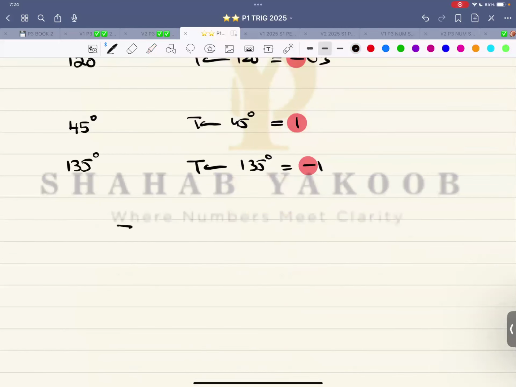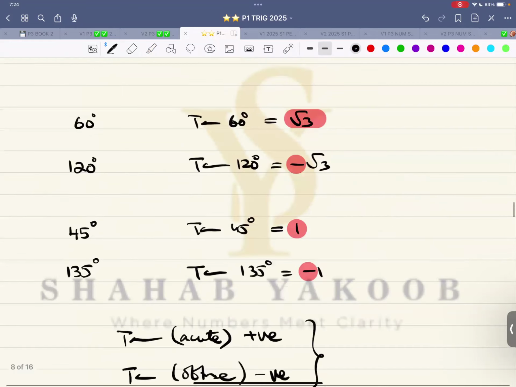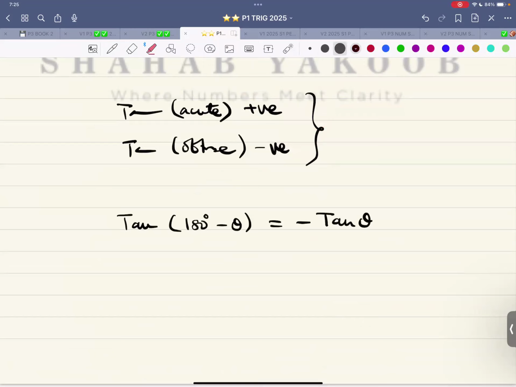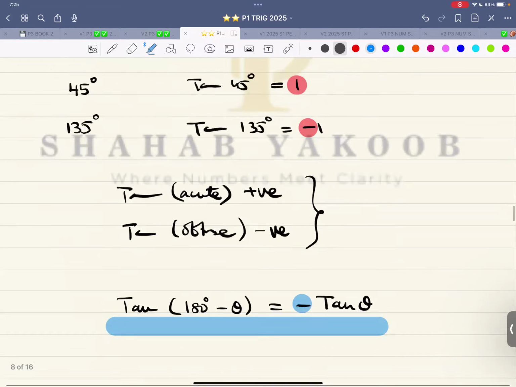So again, tangent of acute is positive. Tangent of obtuse is negative. And if they're adding up to 180 degrees, they have the same ratio. So tangent of 180 minus theta is negative tan theta. So now that is another rule that we need.